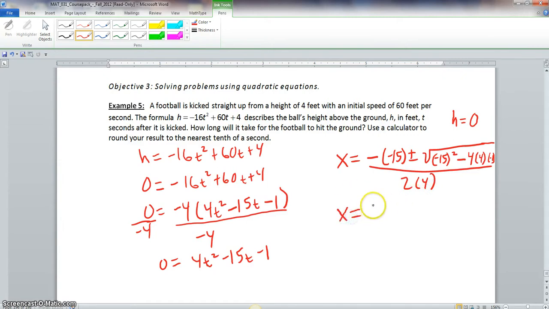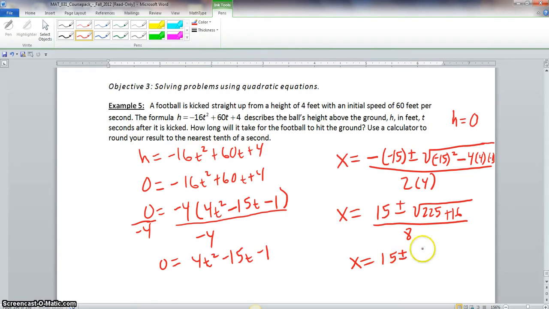So now we have x is equal to 15 plus or minus the square root of negative 15 squared is 225, minus 4 times 4 is 16, times negative 1 is a positive 16, all over 2 times 4 is 8. So we have x is equal to 15 plus or minus the square root of 241 all over 8.